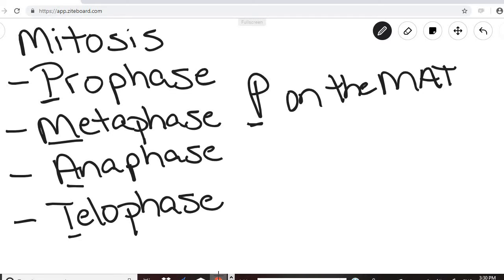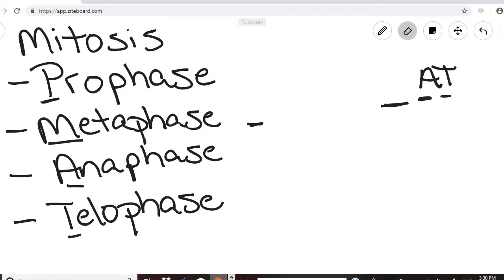So prophase, metaphase, anaphase, telophase. If that helps you to remember, so be it. If it doesn't, you can maybe think of a different way that would help you to remember the 4 phases of mitosis.